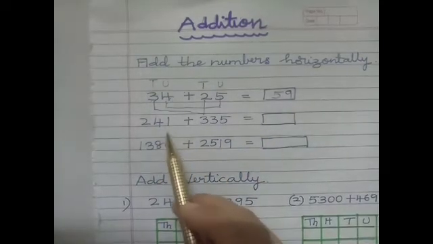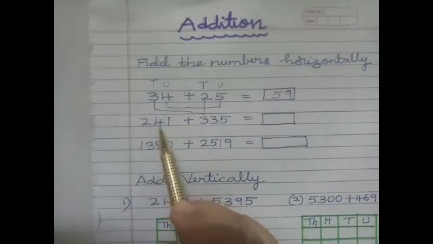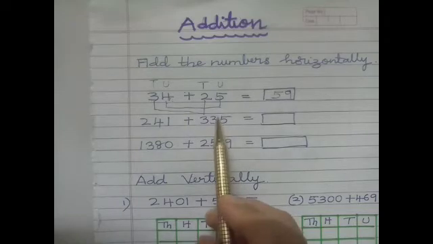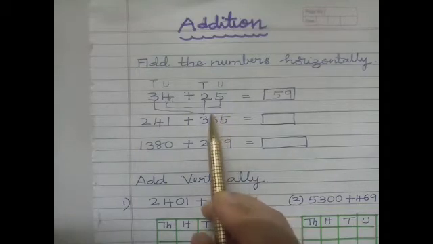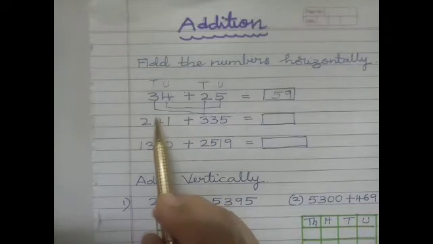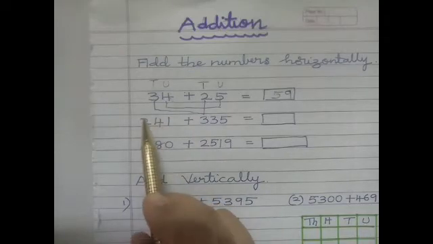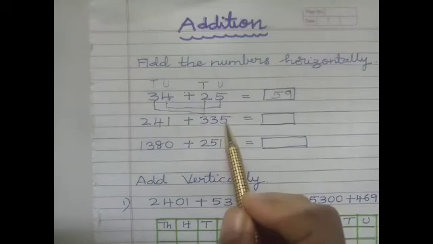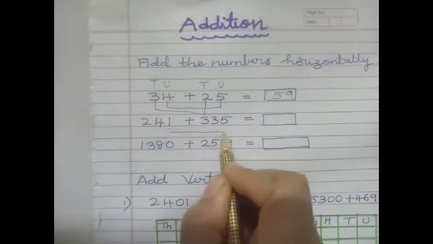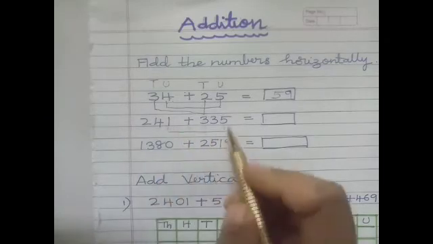Now look at the next example. 3-digit number is given. So 3-digit plus 3-digit. So we have here units, tens and hundreds. Here also units, tens and hundreds. So first we have to add the units place. Unit of this number and unit of this.